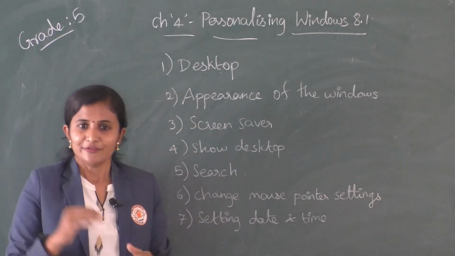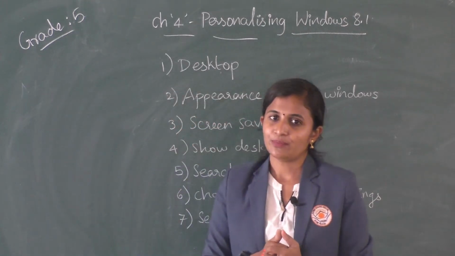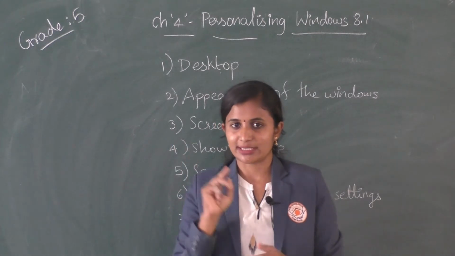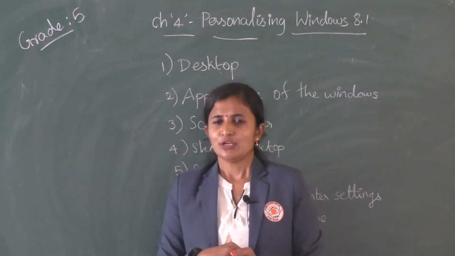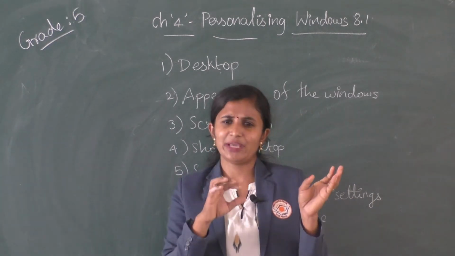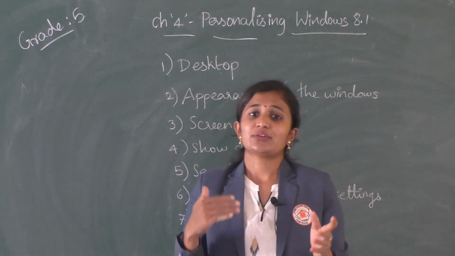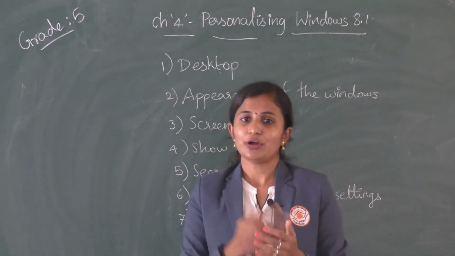And next, we need to change the appearance of Windows, right? So what we do is right-click on the desktop and choose the personalize option, where we can see the appearance of the desktop. We will have many slides there. You can select any one of the slides and set it as the background for your computer.